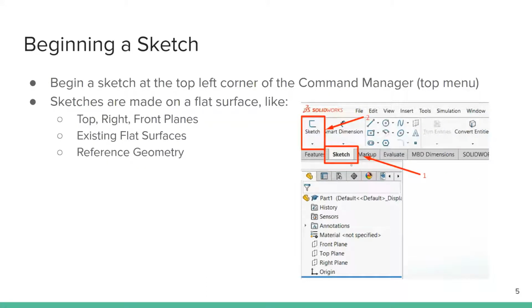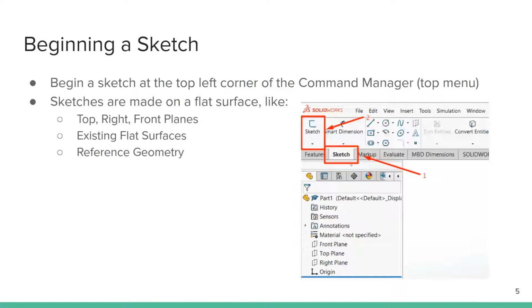Yeah, so all that stuff that Brian just talked about all happens in a sketch, and you need to make a sketch first. And as Ryan said, sketches are two-dimensional drawings essentially, and you can only make a two-dimensional drawing on a two-dimensional surface. So you can essentially make a sketch on anything flat.